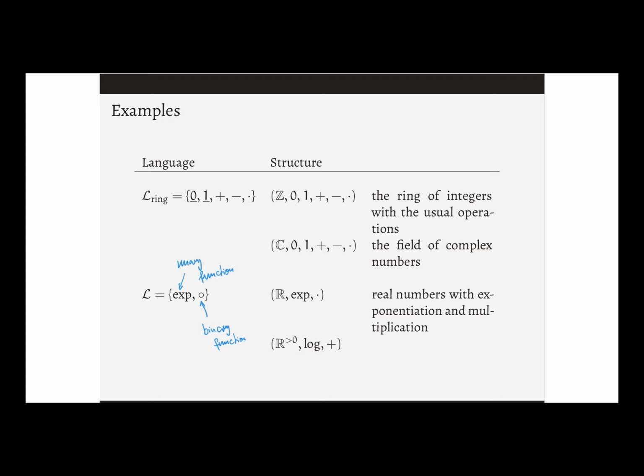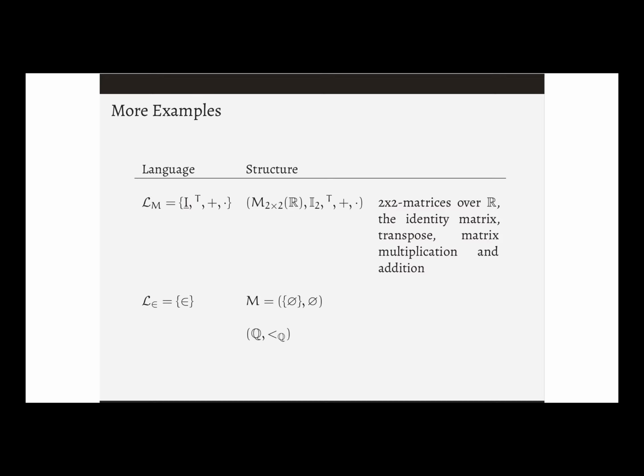So we could actually make it the log function. This looks a little bit weird, but it would be a valid structure. Of course, you would not do this in practice because it would be very confusing to interpret a symbol that you name exp as log. And you could interpret the binary function as addition, which is fine.